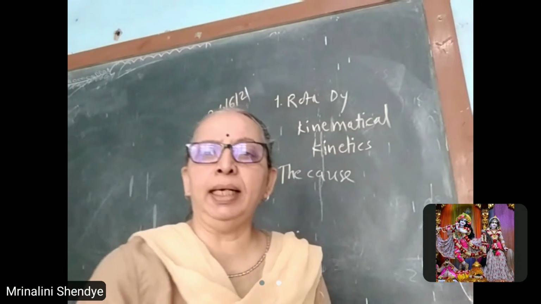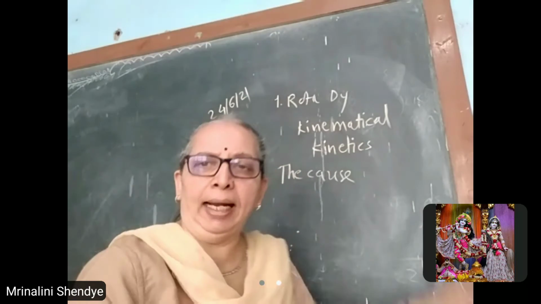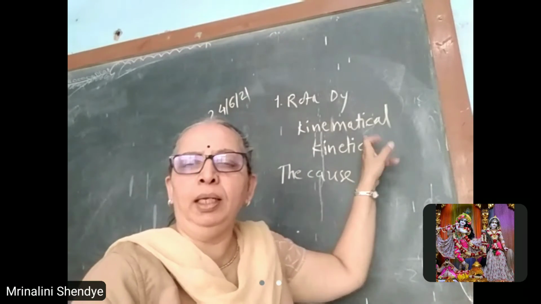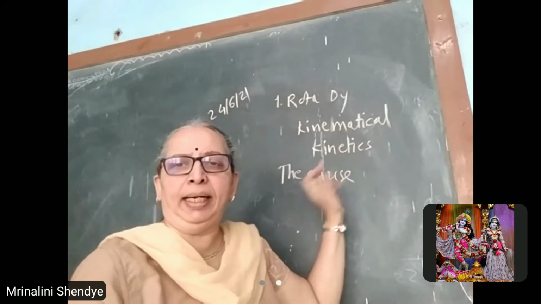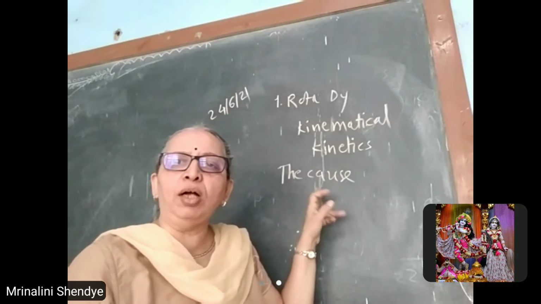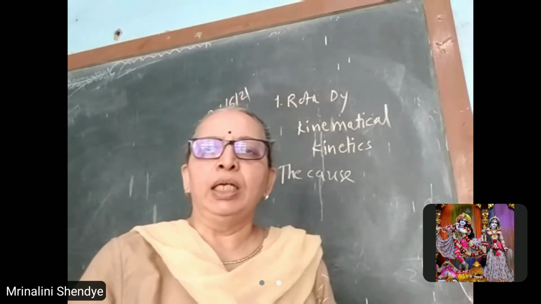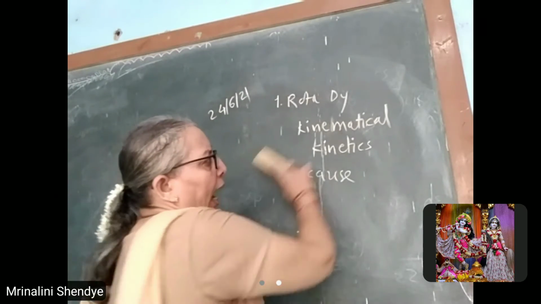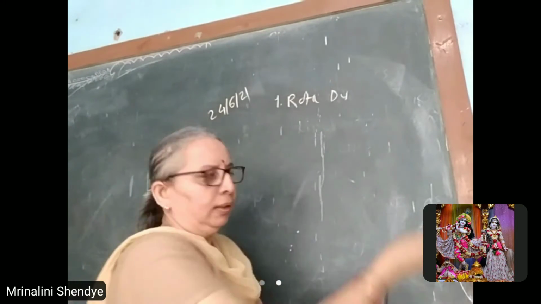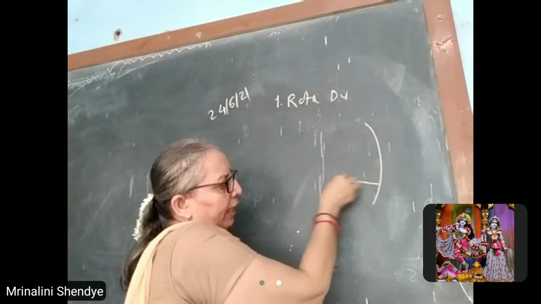So yesterday, by considering the kinematical part of circular motion, today we'll proceed further with its dynamics, meaning the cause behind the circular motion. Circular motion is the motion of an object along a curved path of constant radius.